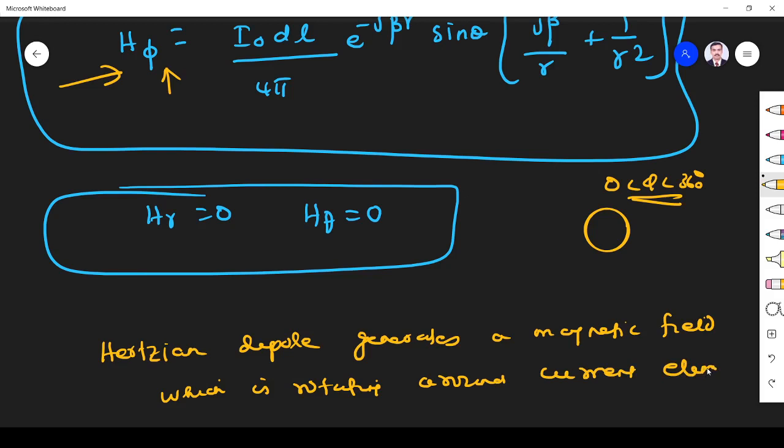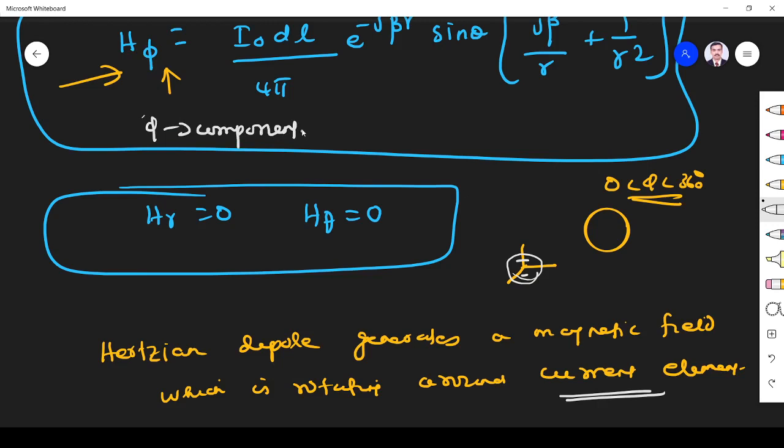So my element, this is where we kept our antenna here. Phi is rotating like this. It is rotating around the current element because the magnetic field has only the phi component. So the magnetic field rotates around the current carrying element, so it is a rotational magnetic field.